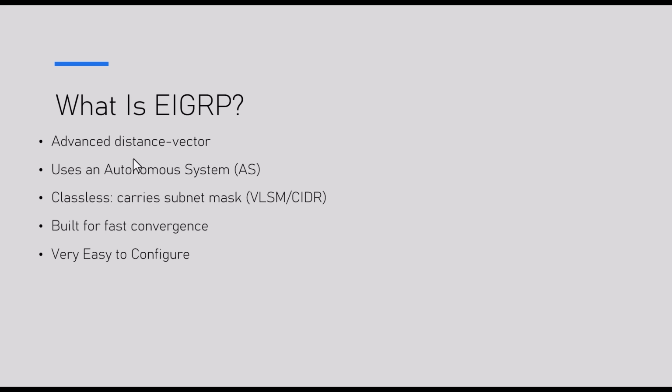And also, instead of adding the networks classfully like we did in RIP, here we can be classless, which means that subnet masking is supported here, variable length subnet masking, and CIDR is supported here. Also, we have very fast convergence in EIGRP, which is great. And also, configuration of EIGRP is super fast and easy.